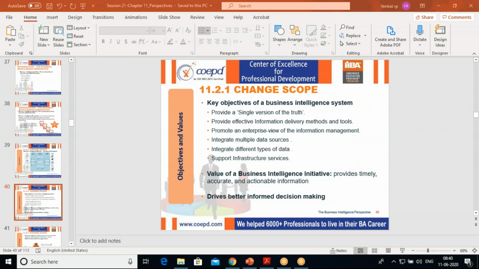Now in the change scope, the objective is to provide a single version of the truth. Single version of the truth means the data is a fact. Whatever is stored is a fact. From these facts we pull out, at different levels, whatever information is required.